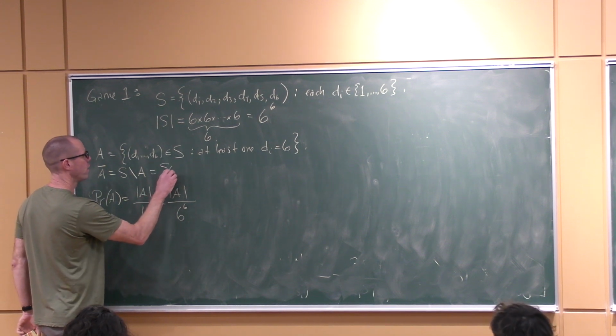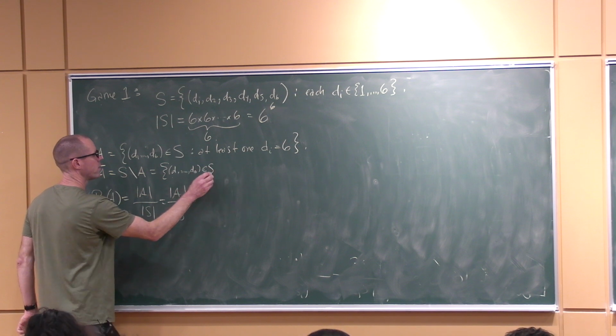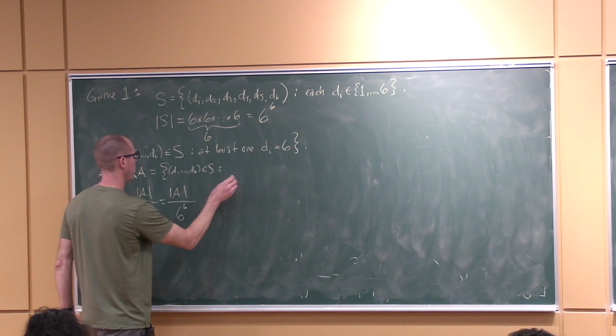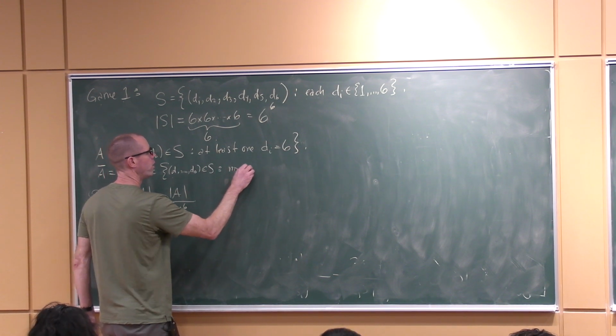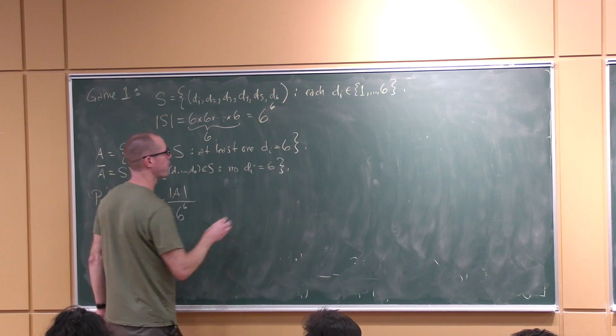So those are the D1 through D6 in S, such that no Di is equal to 6.